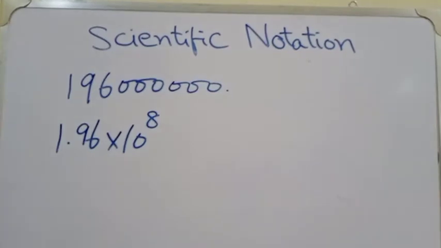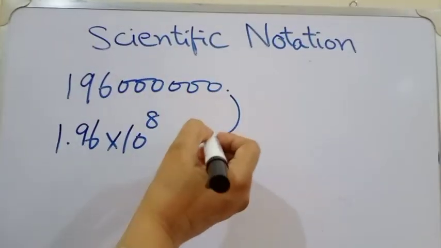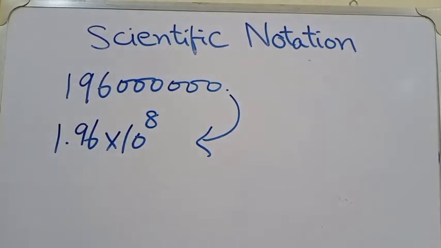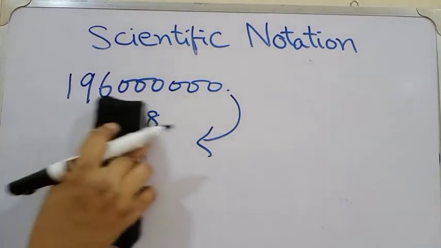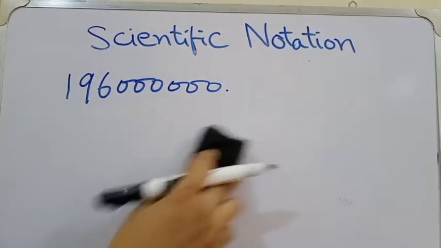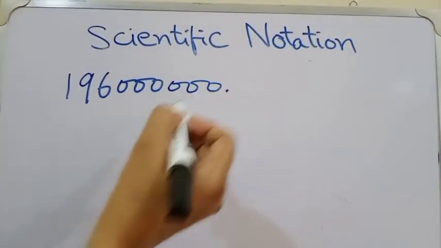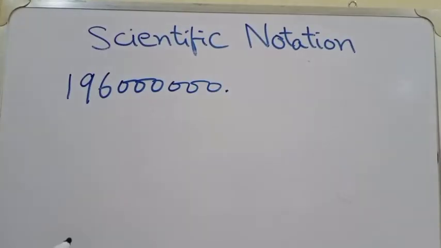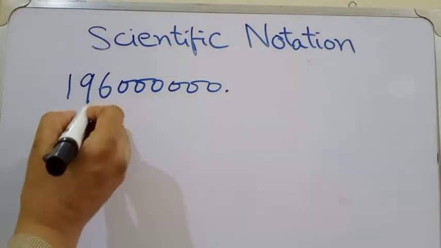Let us convert this number into scientific notation. We know that the decimal point is always at the rightmost of the original number. This is the decimal point.